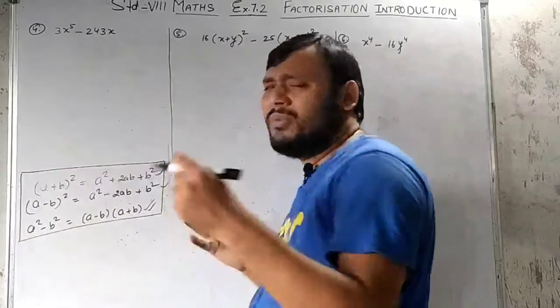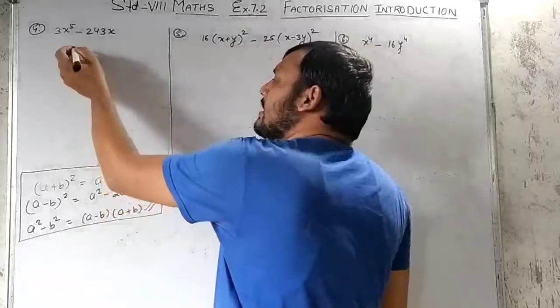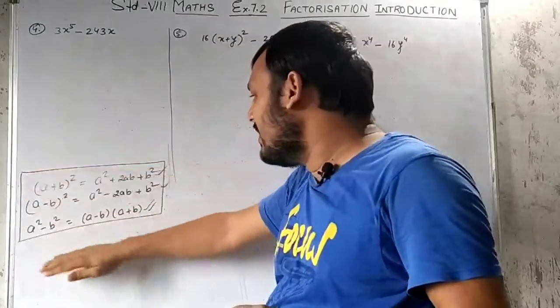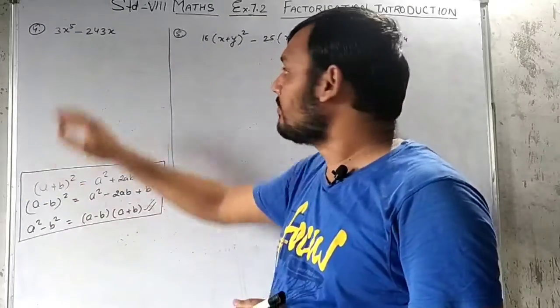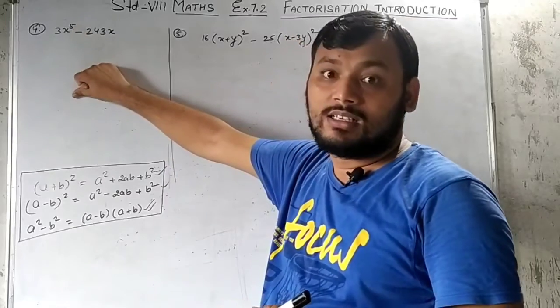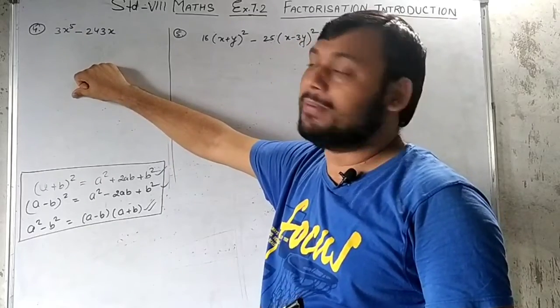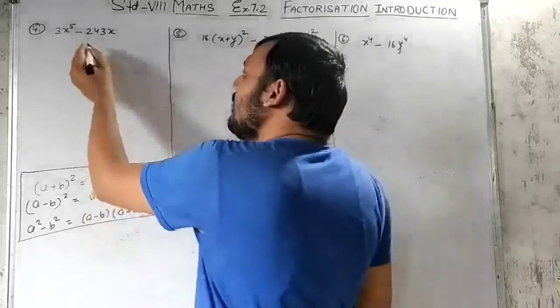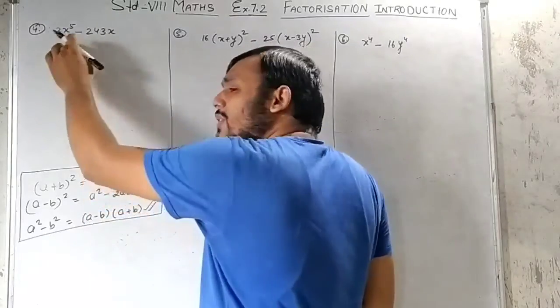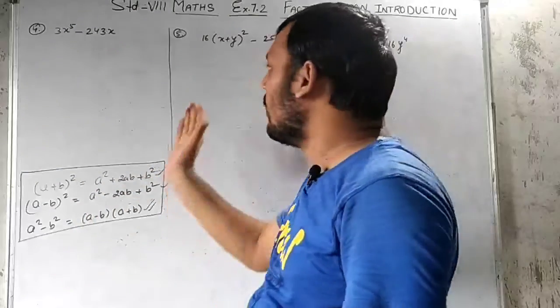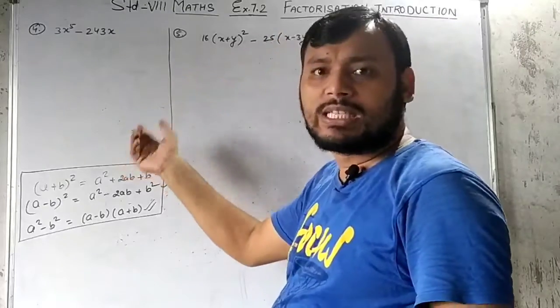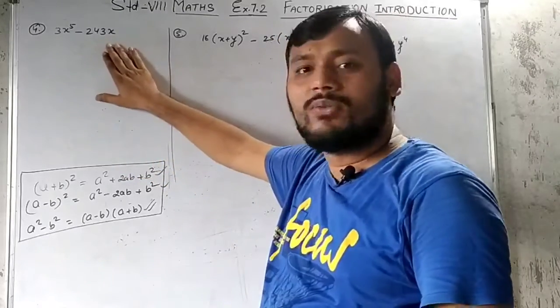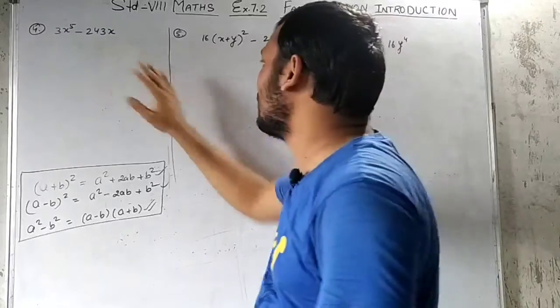We will do one very simple thing. Our identities are in the form of square only. Here this power is an odd number, that is 5. So what can we do about this? We will find some common factor. Whatever we can remove outside from this kind of algebraic expression, we will do the same job.